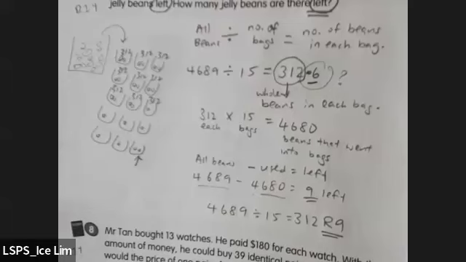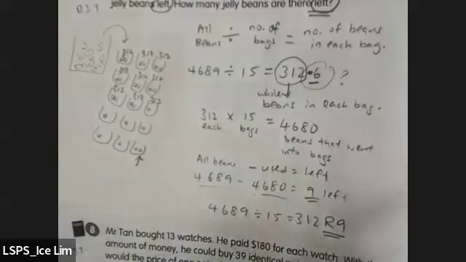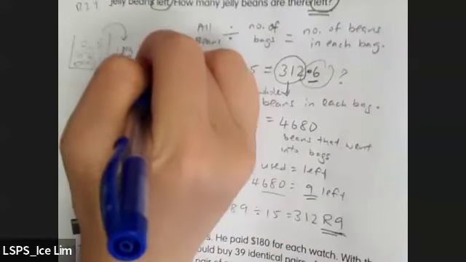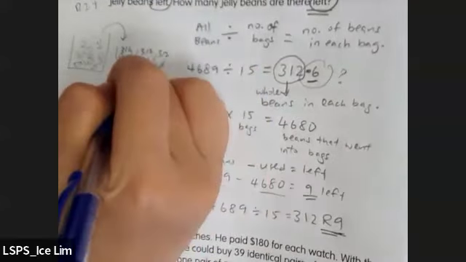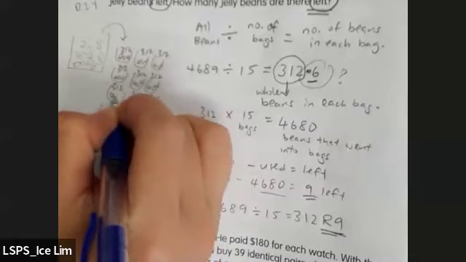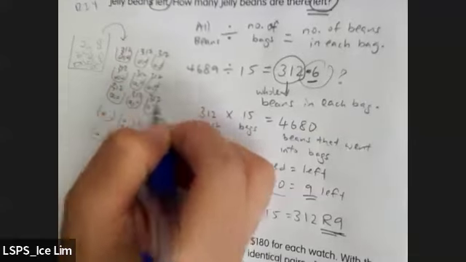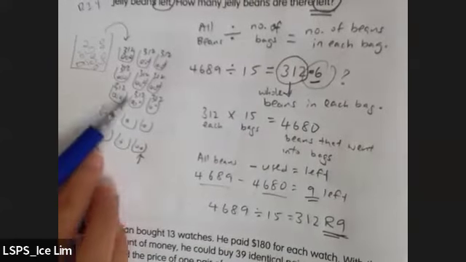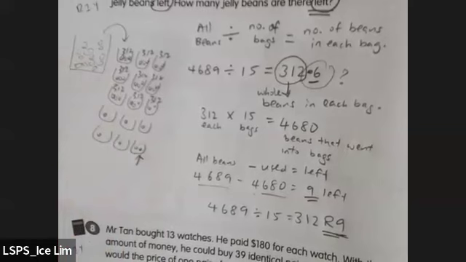Then imagine I take the remainder 9 and put one more in each bin: 1, 2, 3, 4, 5, 6, 7, 8, 9. So 6 bags don't have one more, because you ran out. It's 6 short.